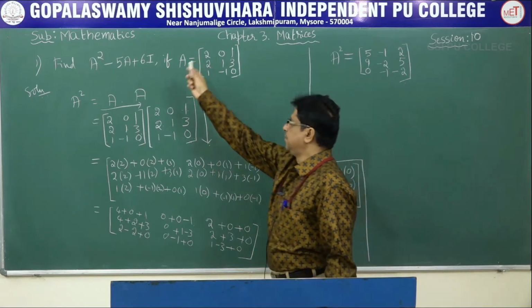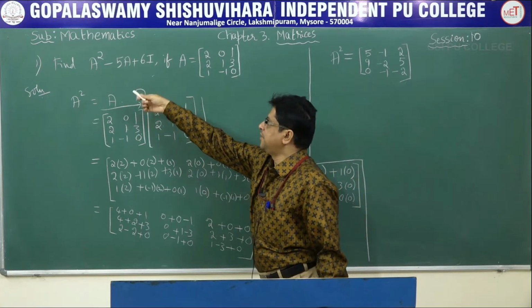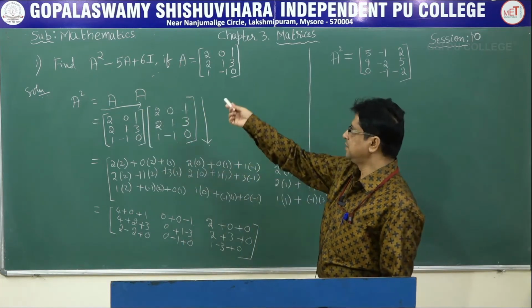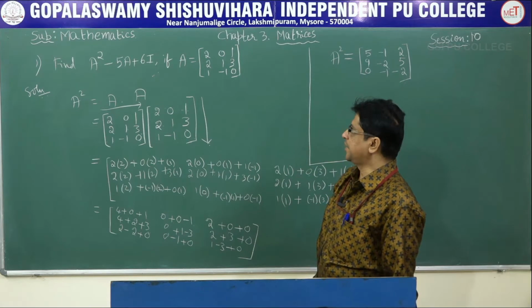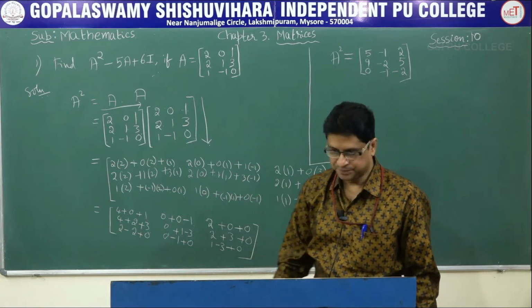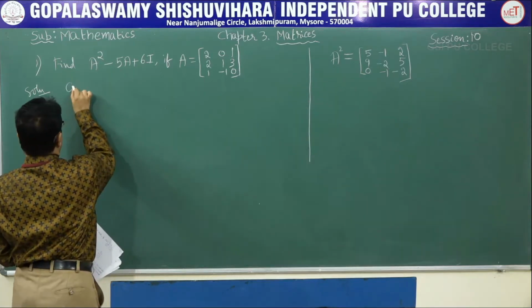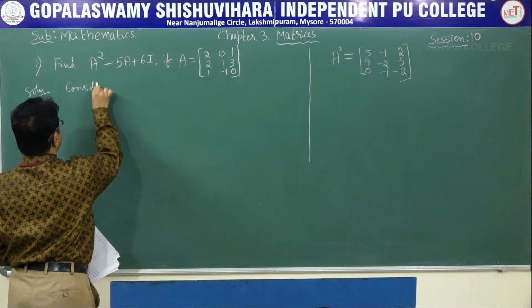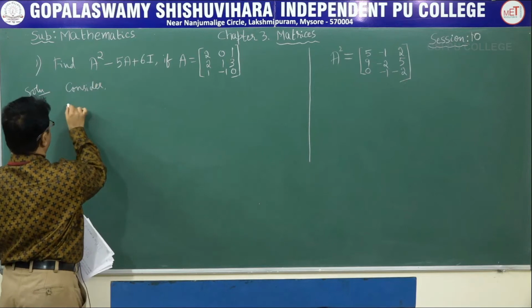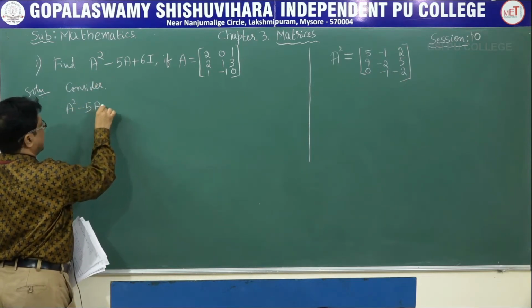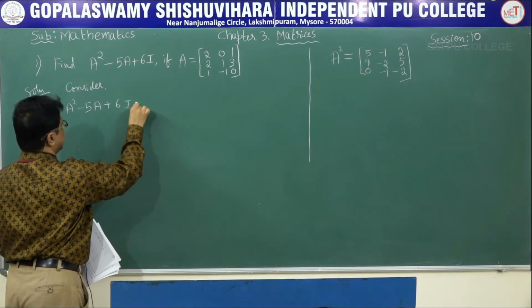Next, we will substitute the values of a square, a and 6i in the given problem and find the value of a square minus 5a plus 6i. So, next step. So, consider a square minus 5a plus 6i.